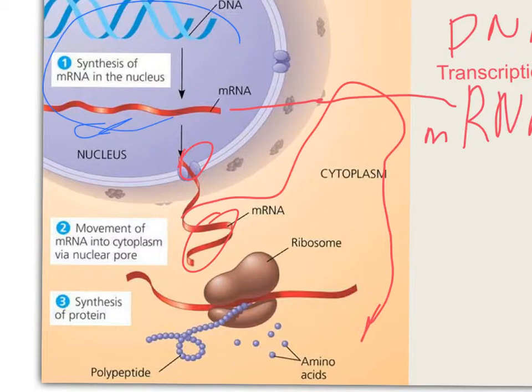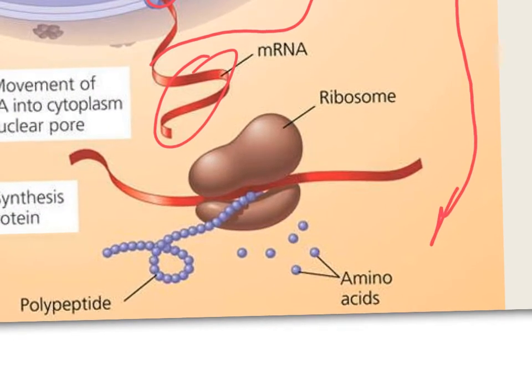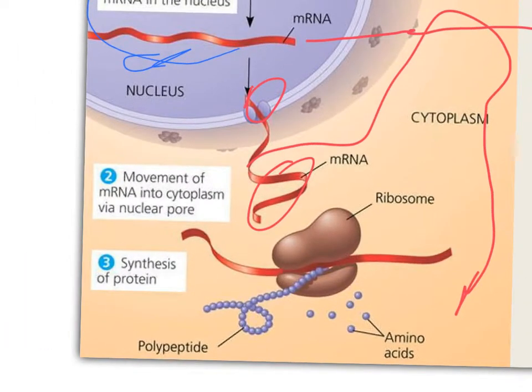Now, it turns out here are these amino acids, free amino acids, and we have this ribosome. Now, the ribosome is basically an RNA machine, and it's made of RNA. Therefore, what it does is it takes the amino acids using the mRNA as a template and synthesizes the protein. And that's called translation.